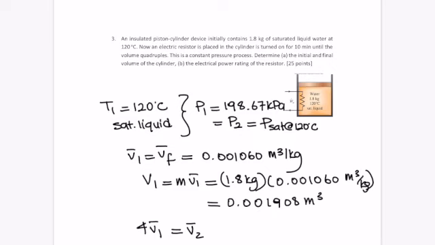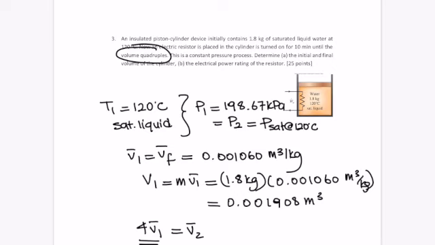Therefore 4 times this is going to be 0.00424 meter cube per kilogram, because that is what the problem says: volume quadruples, that means 4 times the initial specific volume is the second state specific volume.